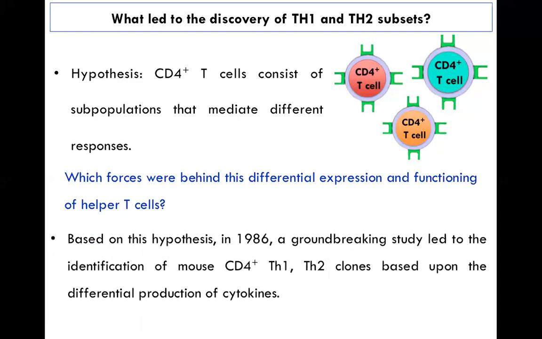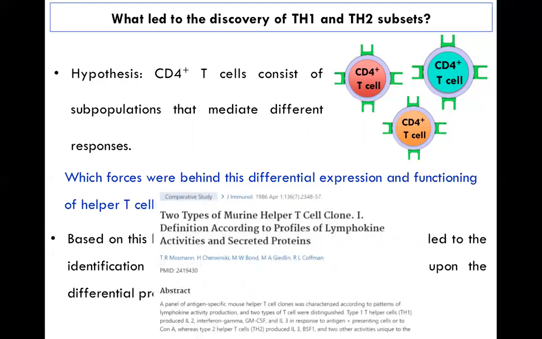Based on this hypothesis, in 1986 a groundbreaking study led to the identification of mouse CD4 positive TH1 and TH2 clones based upon the differential production of cytokines. As you can see here, they reported their studies in this paper in 1986.